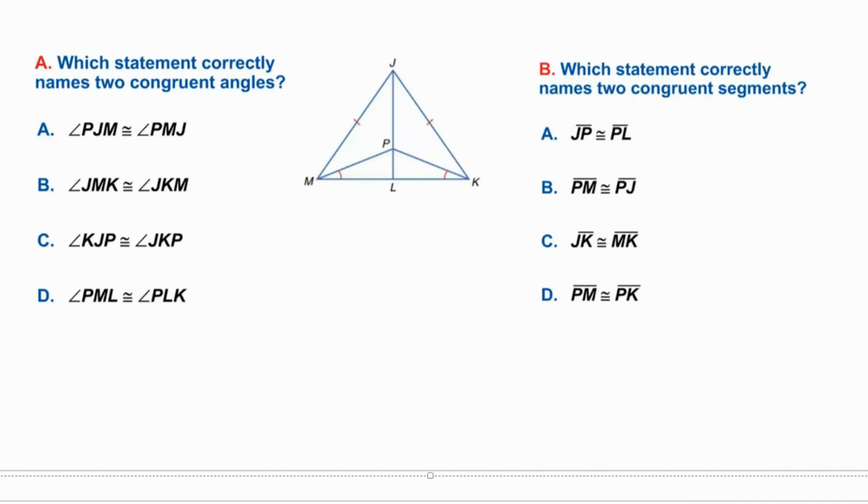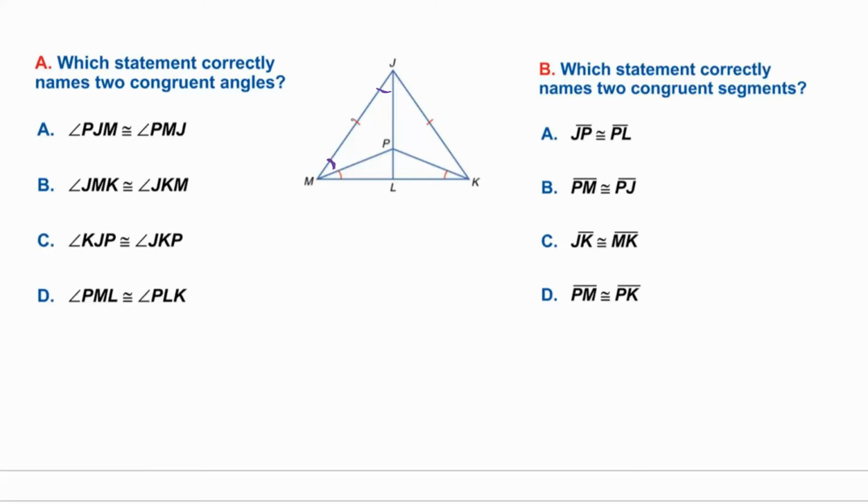The next problem asks us which statement correctly identifies the two congruent angles. So if I look at PJM, that would be this angle here. Is that congruent to PMJ, which is this one here? But I don't have enough information to show that.